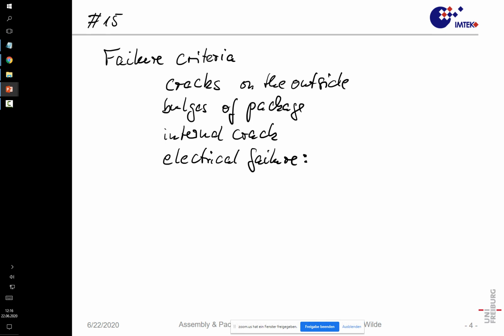How can you define it as an electrical failure? So you said wire bond broken, that means an open, yeah? What's the opposite to open? Yeah, it's a short circuit then. And also it could be a parametric failure.